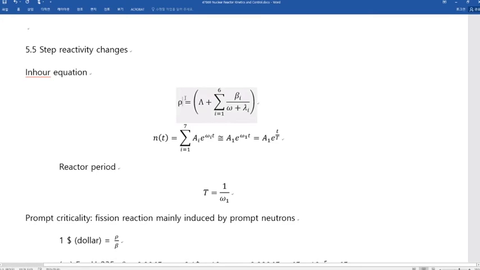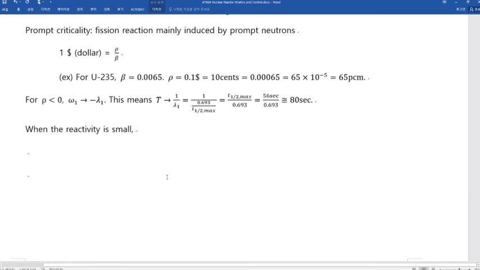So we should start from our equation. There is something missing here. We miss omega here.